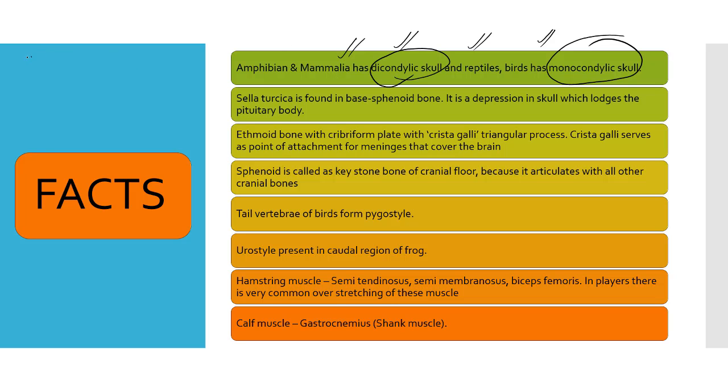When we talk about humans, their jaw suspensorium is craniostylic, because the jaw is attached to the cranium. Amphibians and mammals have dicondylic skull, and reptiles and birds have monocondylic skull.